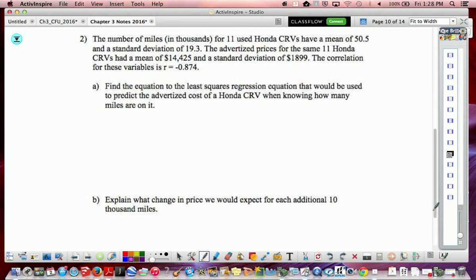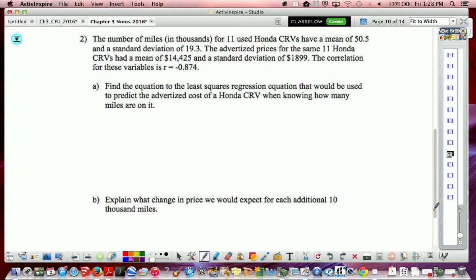So, we look at what number 2 is talking about here. It says, the number of miles in thousands of miles for 11 used Honda CR-Vs, so someone looked up 11 of them, have a mean of 50.5, which is really 50,500 miles, and a standard deviation of 19.3 thousand miles.